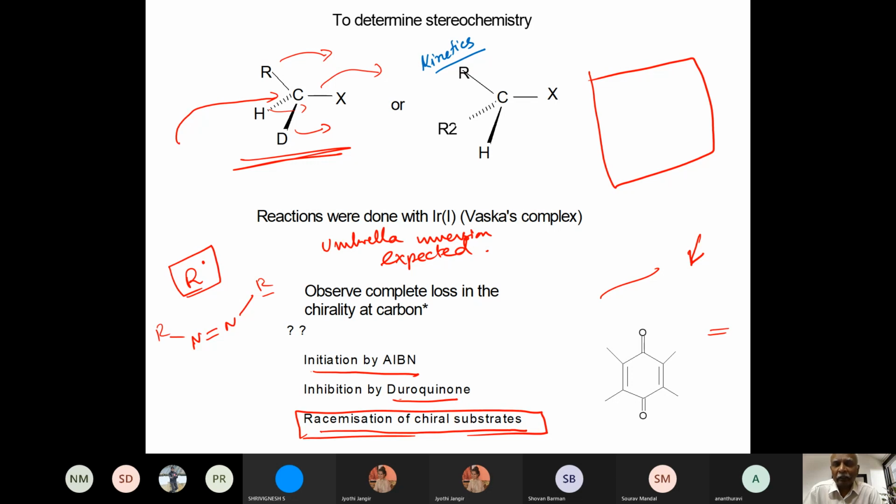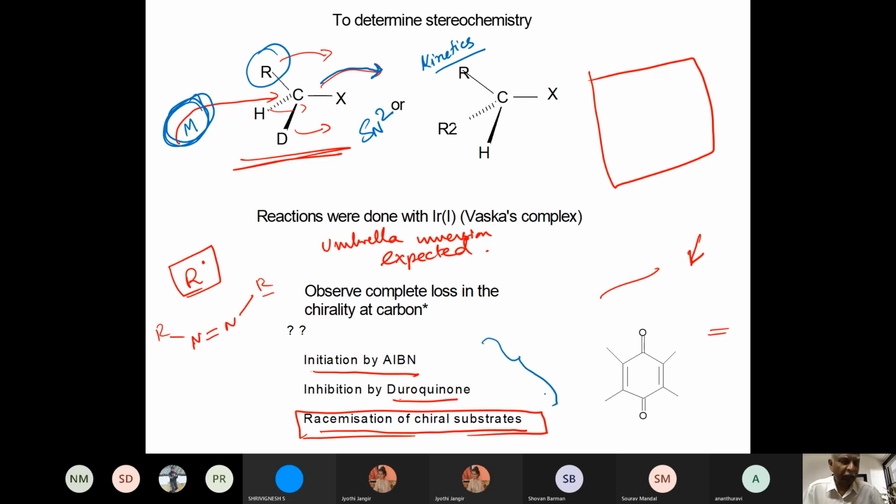So all of these things put together, the leaving group ability of X, the steric effects of the R group, and the electron density requirements of the metal, all indicated that this was an SN2 pathway. But then came the requirement for umbrella inversion, and surprisingly, they figured out that there was the presence of radicals.